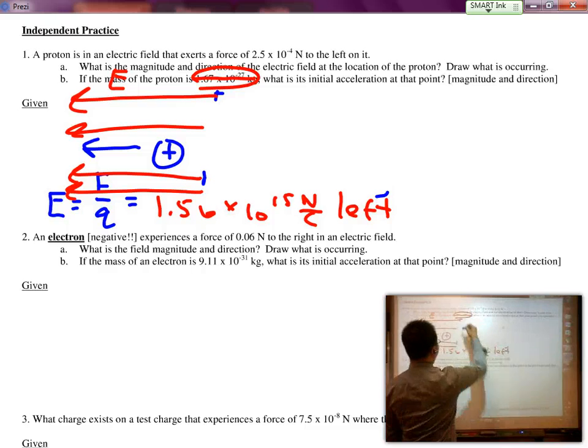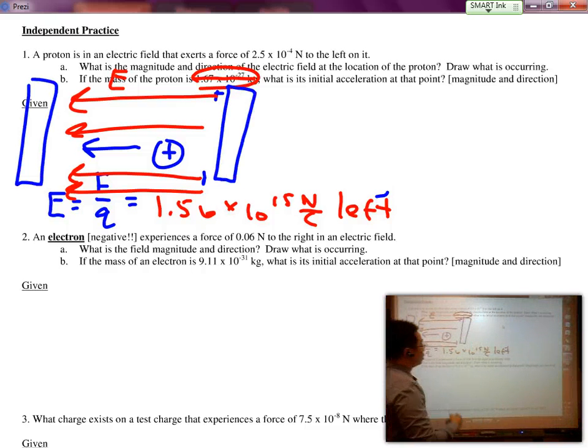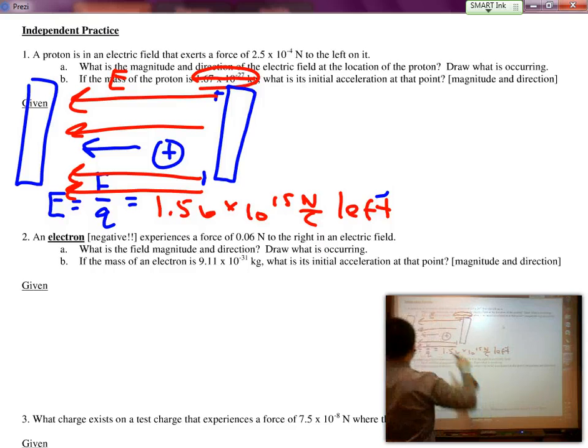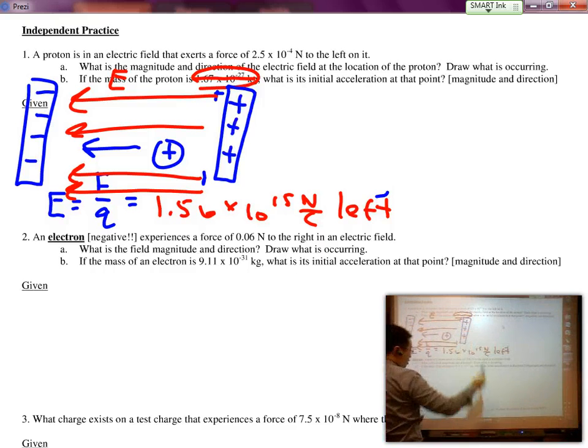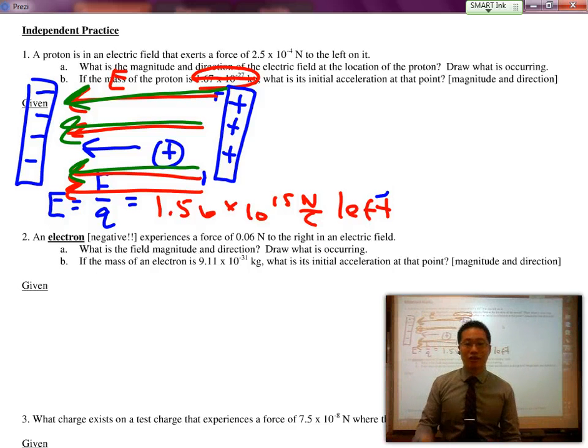So that means there's going to be a parallel plate over here and a parallel plate over here. Well, what charge is a proton attracted to? Of course, it's attracted to a negative charge, which means that this is a negative plate over there, a positive plate over there, and electric fields always go out of positive and into negative. So if you need to, just take your time to work it out. Logically it should make sense that the electric field is in the same direction as the force.